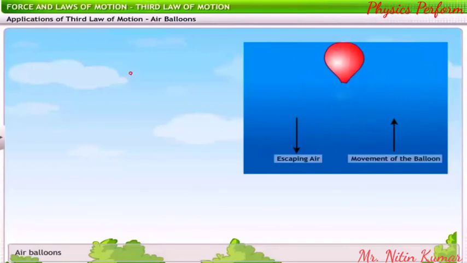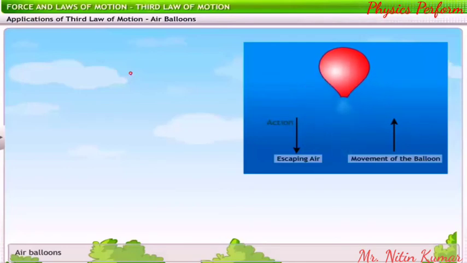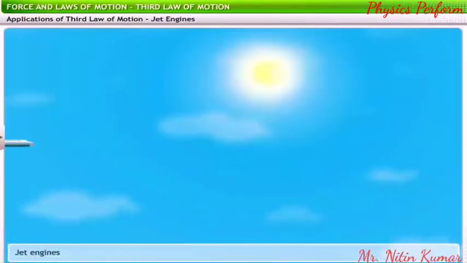The escaping air exerts pressure on the balloon, providing a thrust to the balloon and pushing it in the direction opposite to the direction of the escaping air. Here, the escaping of air can be regarded as the action. The motion of the balloon in the opposite direction is the reaction. Thus, the reactive force of the escaping air keeps the balloon afloat in the air till the air in the balloon is exhausted.